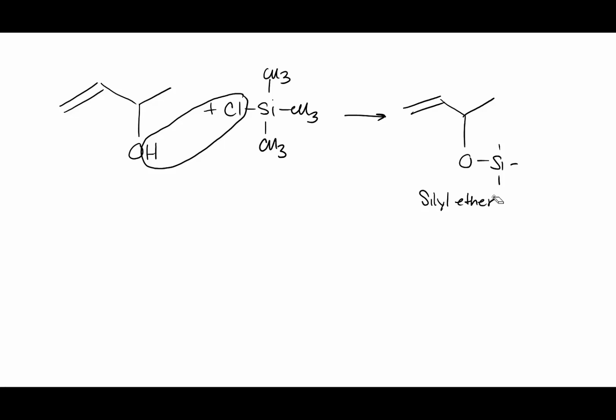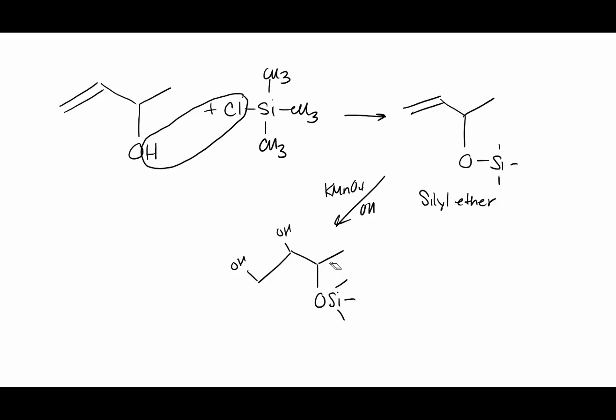Once you have a silyl ether, it's going to be stable to most reagents except one. So you make this silyl ether, and it will not react with KMnO4, for instance. So now I can react this with KMnO4 and base and put my two OH groups where the double bond was, but my oxygen still stays as a silyl ether.